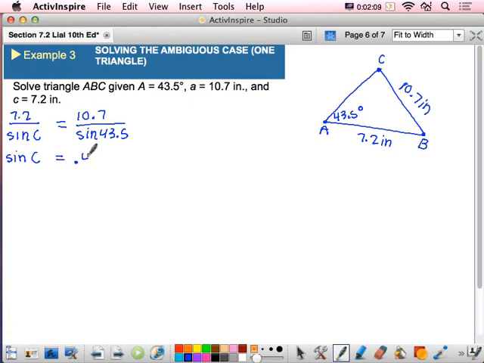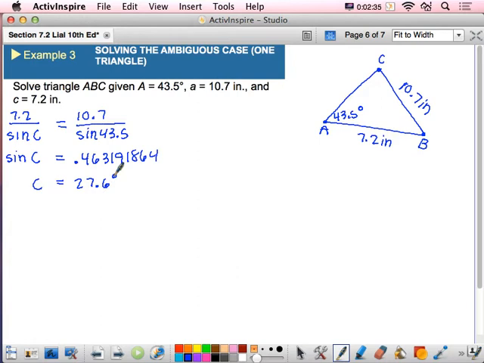That's its ratio, which is possible. That's between -1 and 1. Because it's possible, we're going to have two possibilities because sine is positive in quadrant 1 and 2. To find the quadrant 1 angle, you simply inverse sine the number you're given. So inverse sine of that number is 27.6 degrees. That's the first possibility.